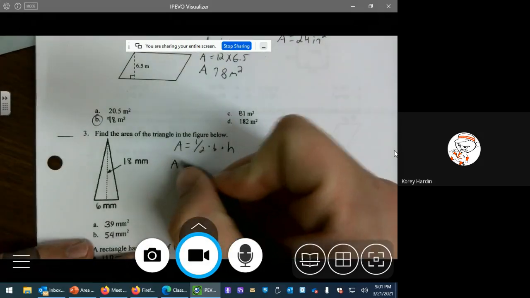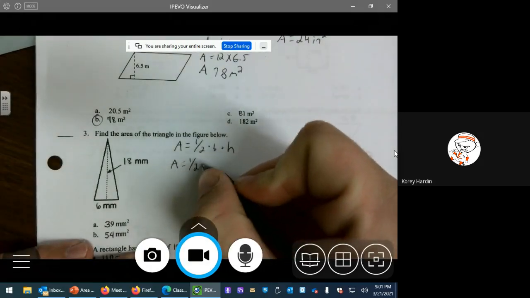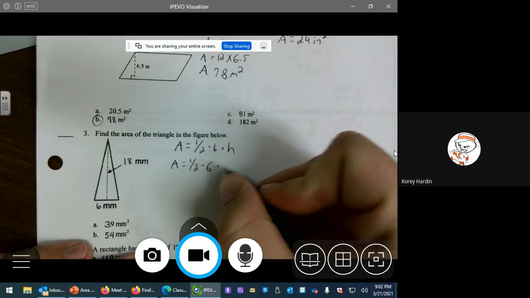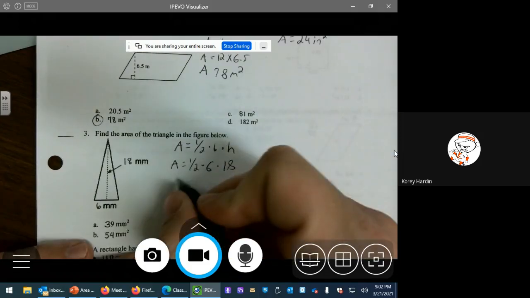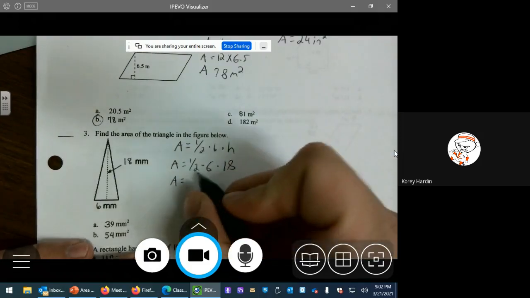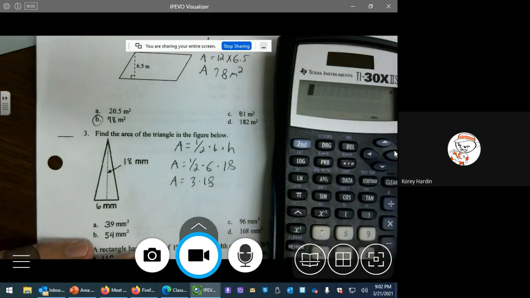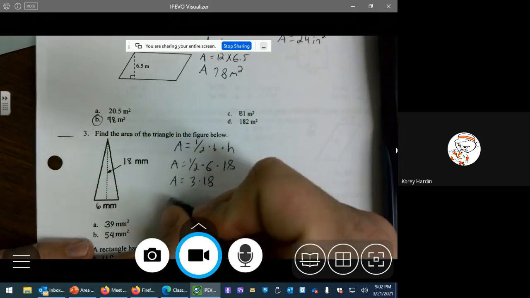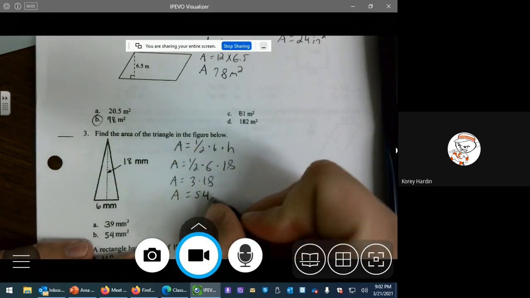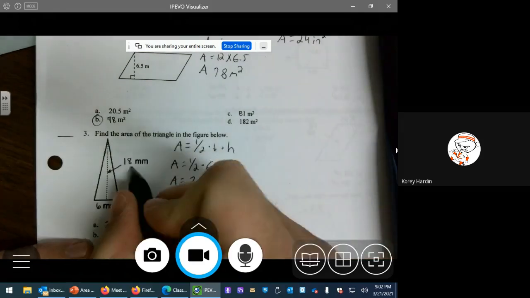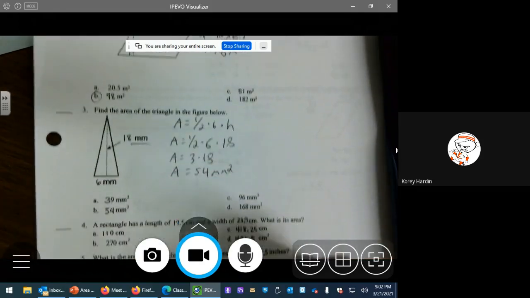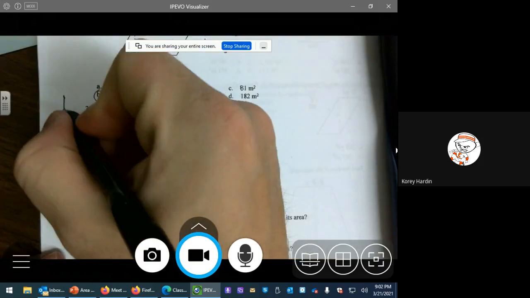So when I plug in that, I've got area equals 1/2 times the base, which is 6, times the height, which is 18. Half of 6 is going to be 3 times 18. And just to make sure I don't make a math mistake here, that's going to be 54. And then millimeters squared is my unit right there. So I've got B, 54.